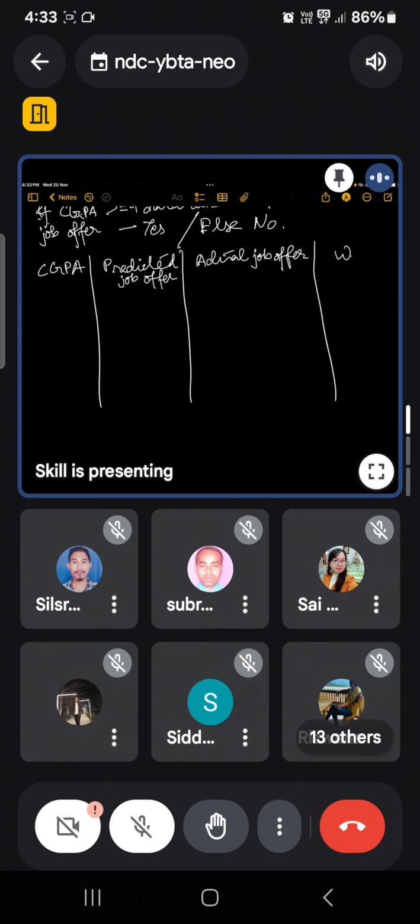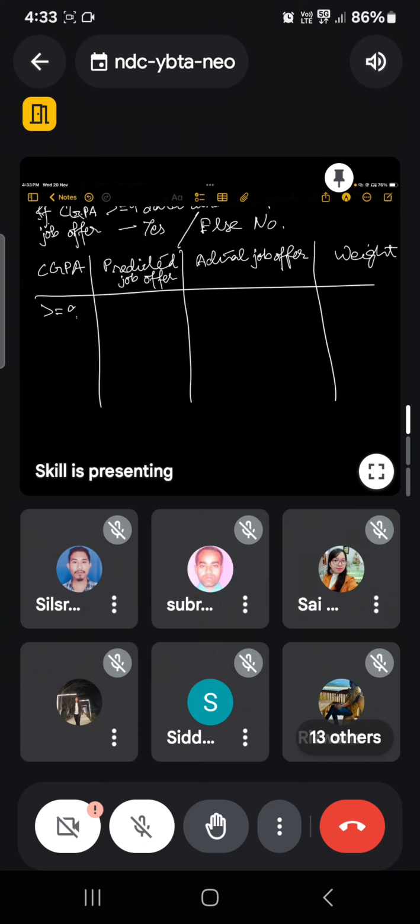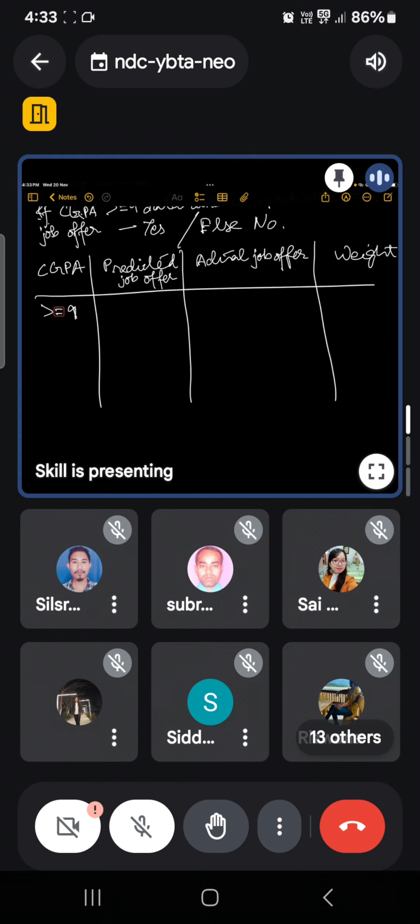Then we have the initial weight. This is greater than or equal to 9, so we will write yes. It was less than 9, so we will write no. Again, greater than or equal to 9, we will write yes.